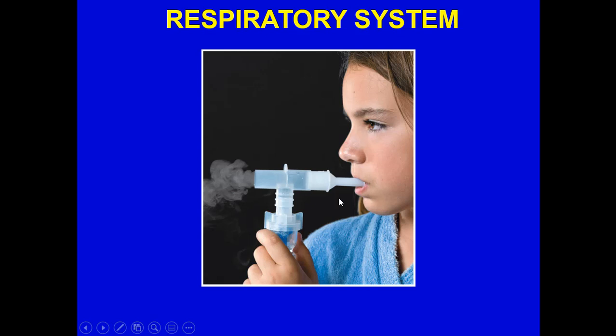The fine particles are really solutions including the drugs necessary to cause bronchodilation, and that would allow for better gas exchange.